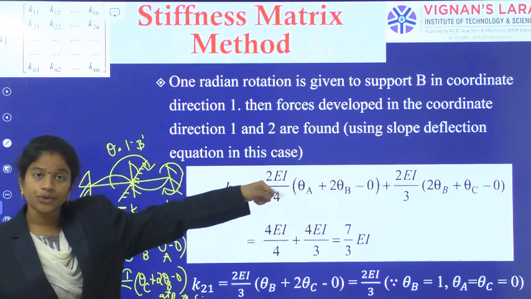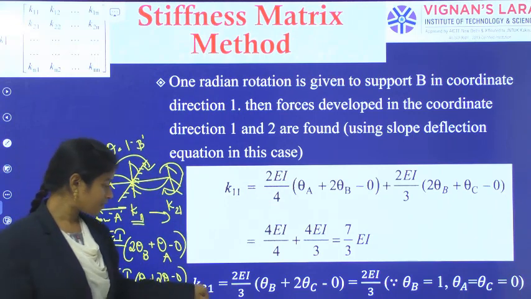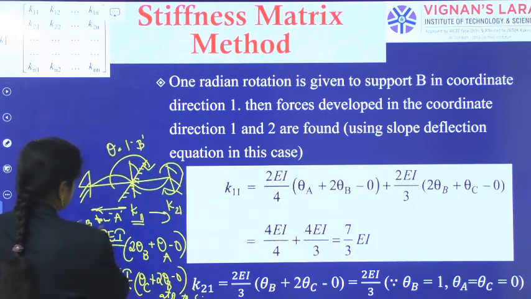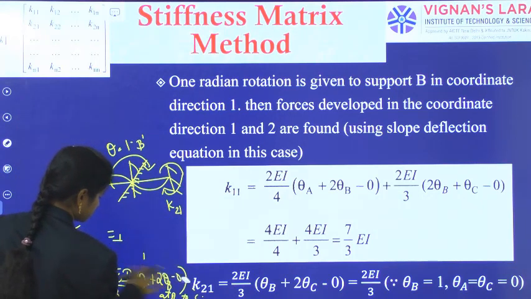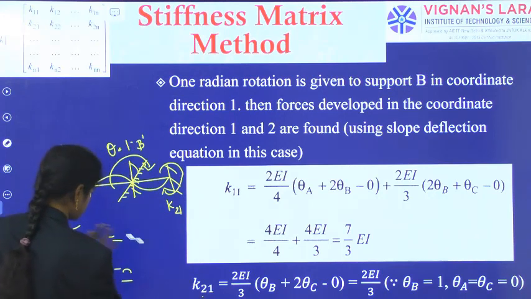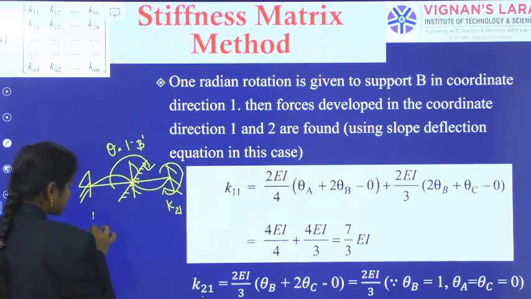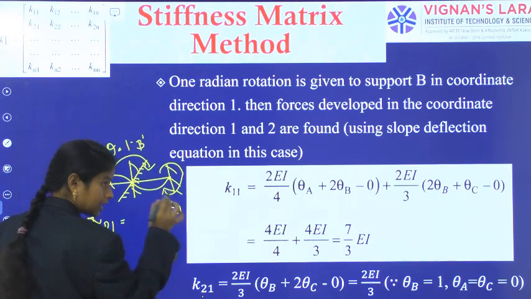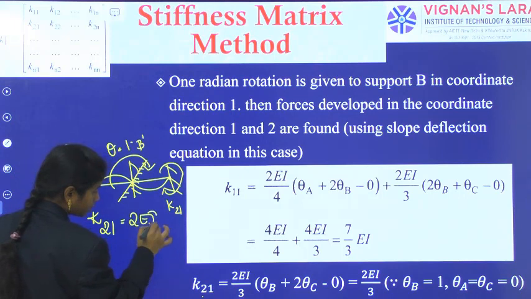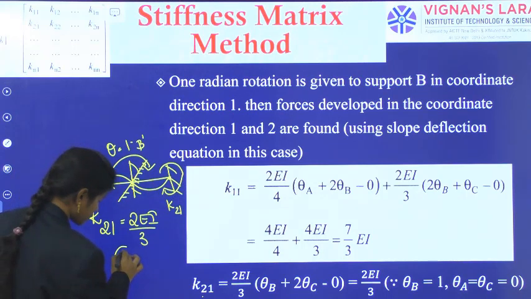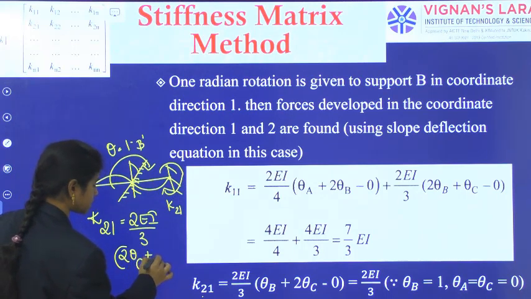Now force developed at 2 due to unit rotation at 1, that is K21. So K21 is equal to again 2EI by L. Here what is the force developed? 2EI by 3 into, at C, 2 times theta C plus theta B minus 0.